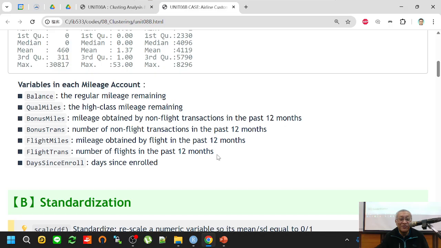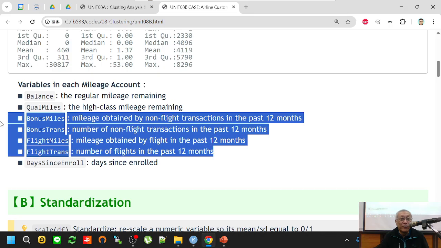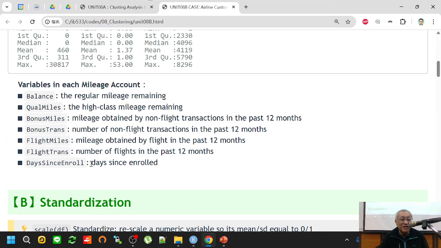So these 4 variables are the number of fly and non-fly transactions, and the mileage you earn in the fly and non-fly transactions, in the past 12 months. And this is the days since enrollment.